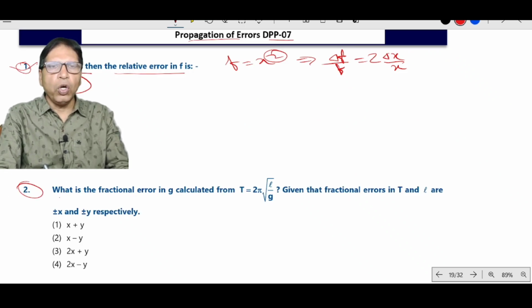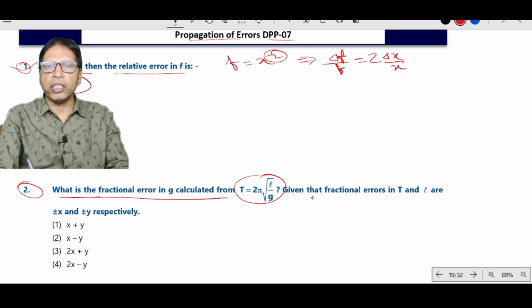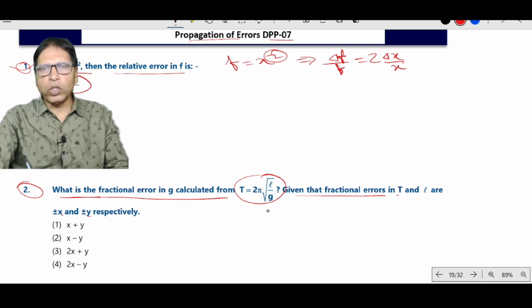Now look at question number 2. What is the fractional error of g calculated from the given equation for t, given that the fractional errors in t and l are delta x and delta y respectively? So look at this, squaring this equation, we get t square equals 4 pi square l by g. So from here you can get g equals 4 pi square l by t square.